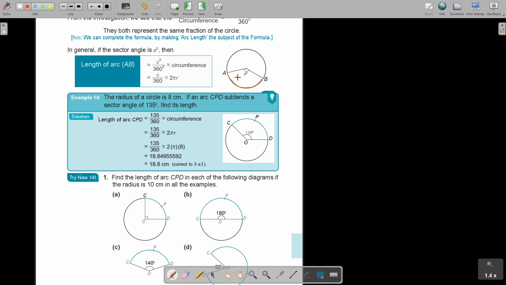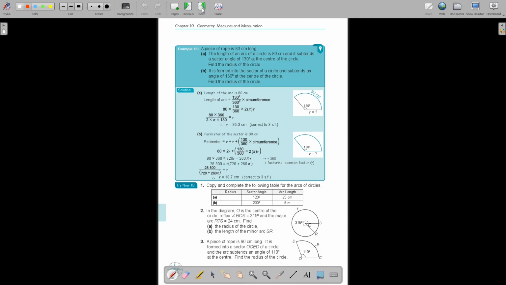Say for example it's 60 degrees, then it's 60 over 360, because it's a circle, 360. If you want the length, which is the perimeter or the circumference, it's the normal 2 pi r, the normal one. Just multiply it by the fraction. And the same with area.